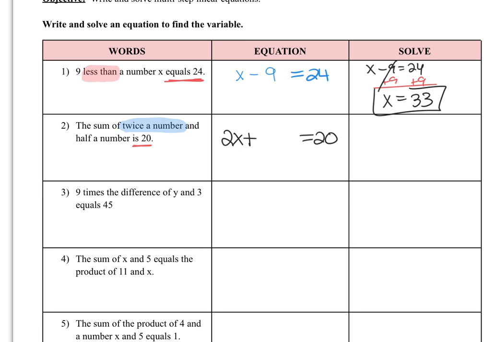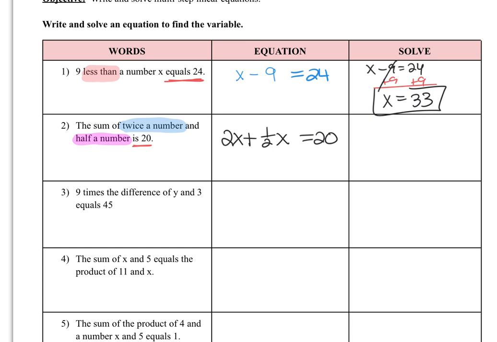And then same thing on the other end, half a number. That number is the same number they're talking about. So we're still talking about x. How do I write half of x? Very similar to how you wrote twice x. 1/2 x. Yes. And is it okay if I write it as a fraction or a decimal? Yeah, they're equivalent.